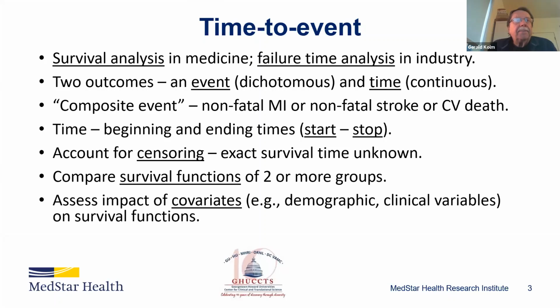And we also have methods for assessing the impact of covariates on survival or the time to an event, like sex, age, diabetes, or other clinical variables that might impact survival.